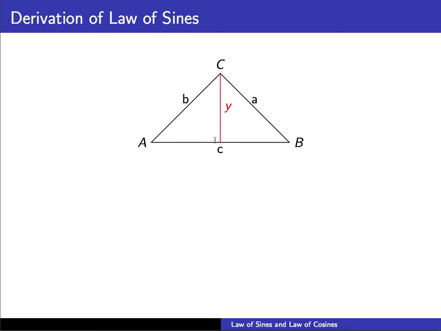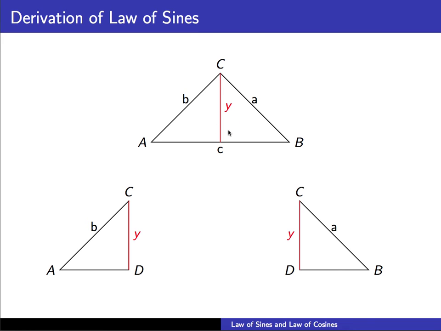Remember, an altitude is the height of the triangle, and it's perpendicular to the side that it intersects. In other words, we have two right triangles here, one on the left and one on the right. If we break them apart, almost like breaking up a Dorito, we get two separate right triangles.